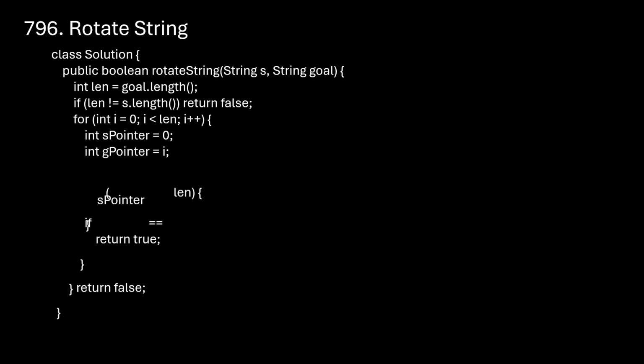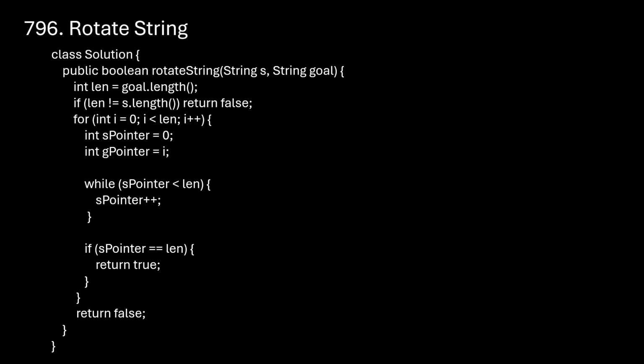And let's start adding the logic. So we're going to loop the S pointer through the length, and we'll increment the S pointer as we're going through. The S pointer is the pointer for the string s. So we're going to be checking here if the goal at the G pointer is equal to s at the S pointer, meaning if these two characters are the same, then we're going to keep iterating.